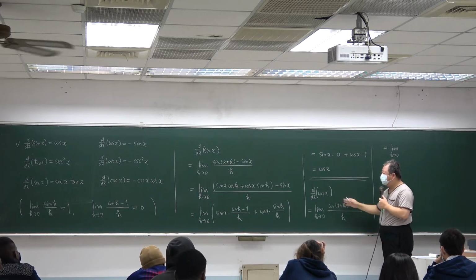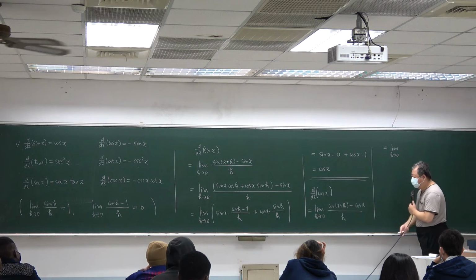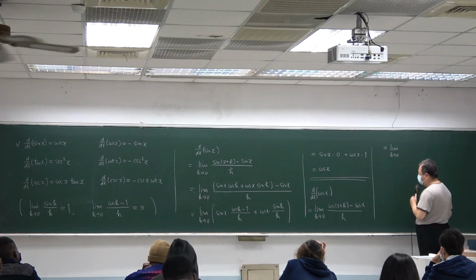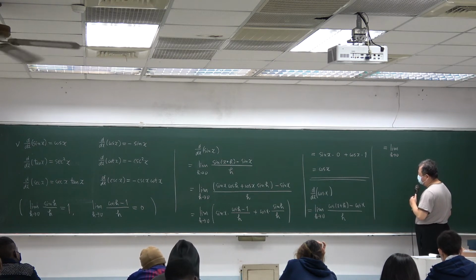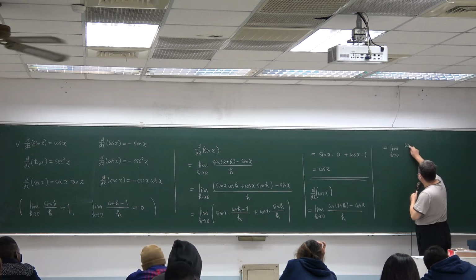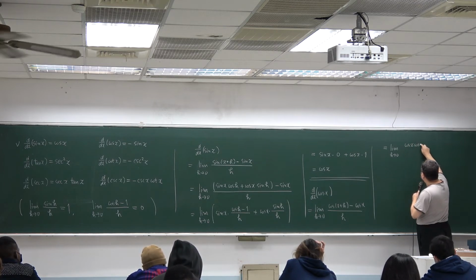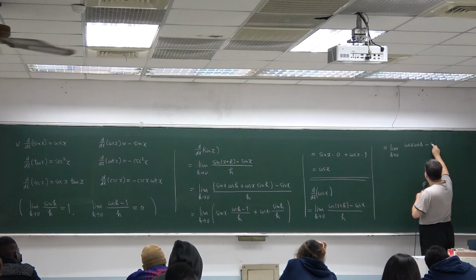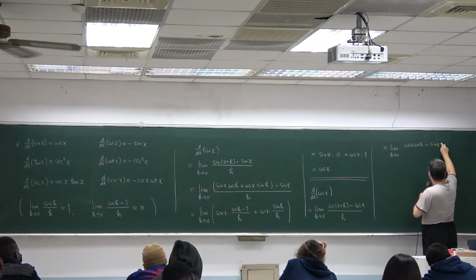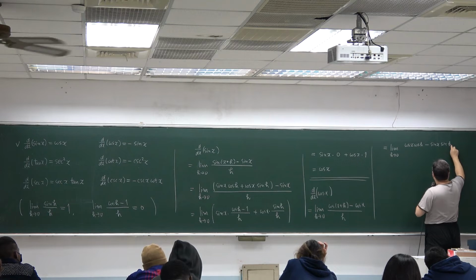Again, use the sum formula. This is cosine x cosine h minus sine x sine h.